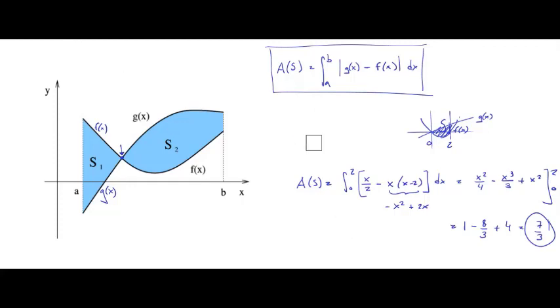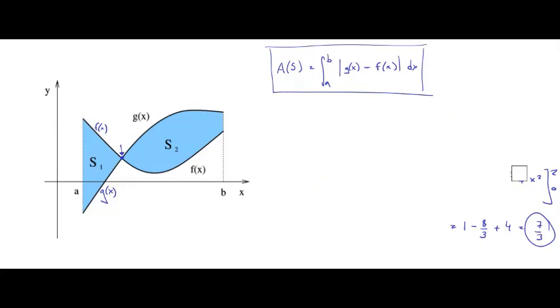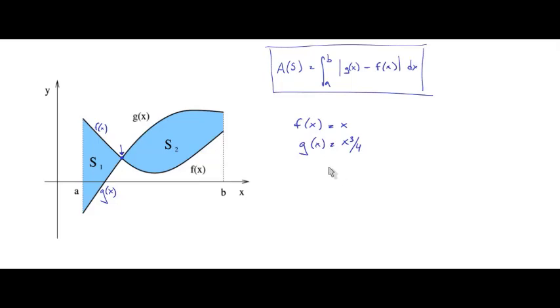Let's do another example where there is an actual intersection. For instance, we have the function f equal to x and g equal to x cubed over 4 in the interval from minus 1 to 2. In this interval, x is doing this, this is f, and at minus 1 the cubic is doing something like this.